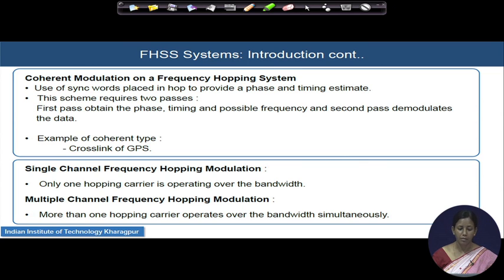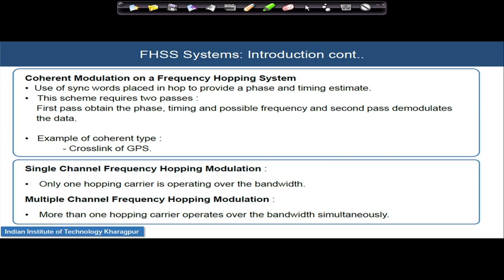The scheme basically requires two phases. In the first phase, you will have the phase, timing and the frequency information extracted by some estimation technique, and in the second phase only you can demodulate the data. A very good example of such a system is the crosslink of GPS, or the global positioning system.